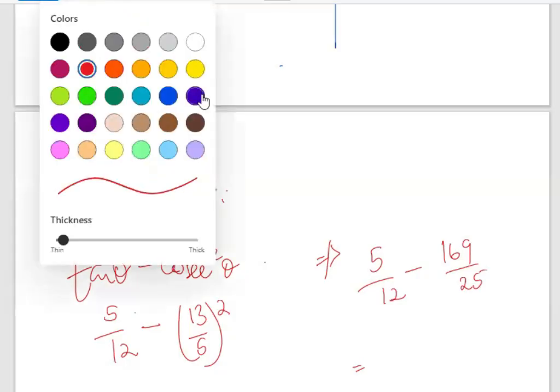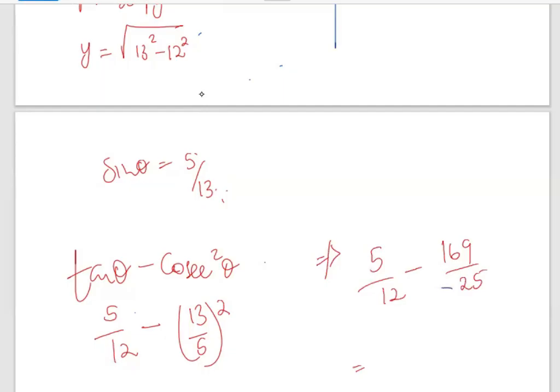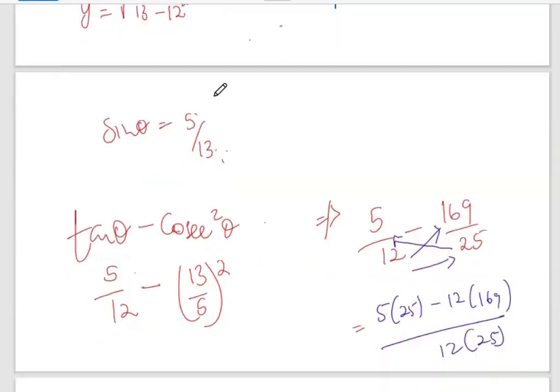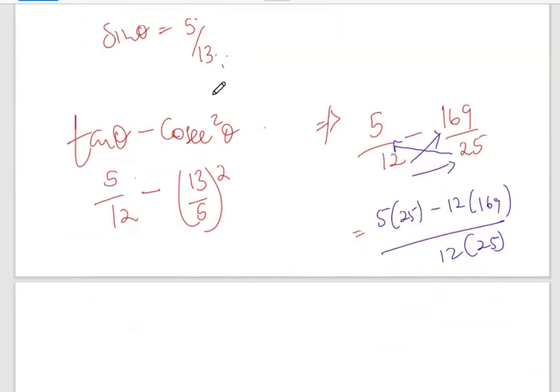If ever you want to be very committed, do the cross multiplication with a fraction so that you have a 5 times 25 minus 12 times 169 over the 12 times a 25. Okay, so 5 over 12, I'm just punching everything at once, minus 169 over 25. It is giving me negative 1903 over 300.